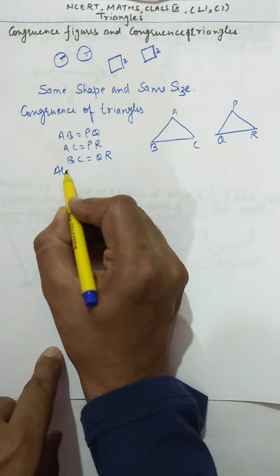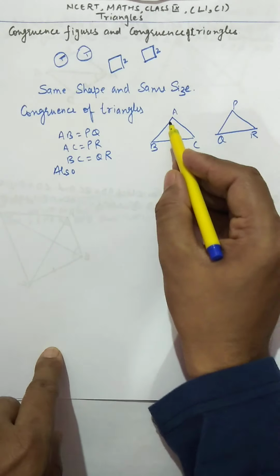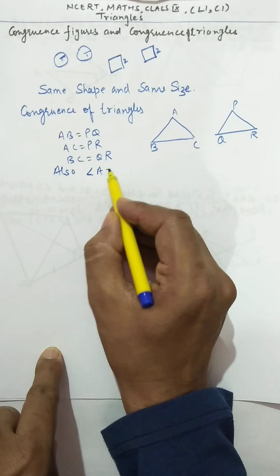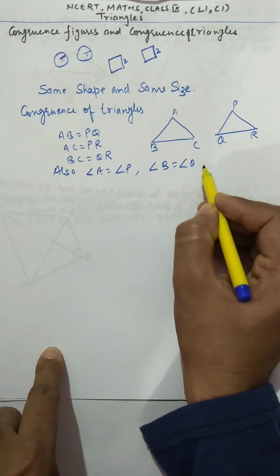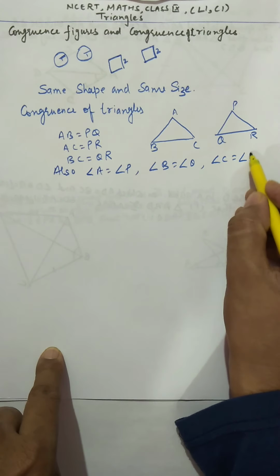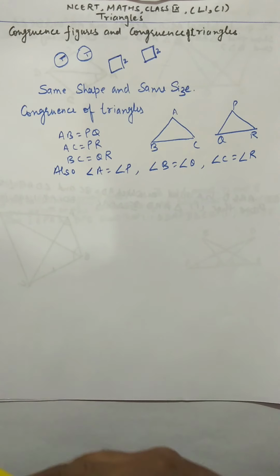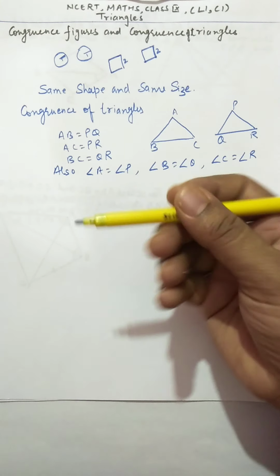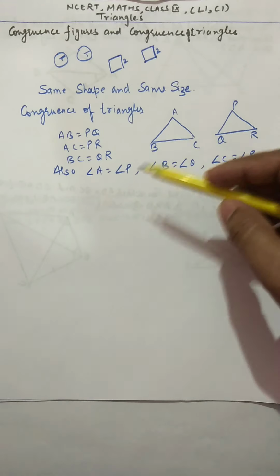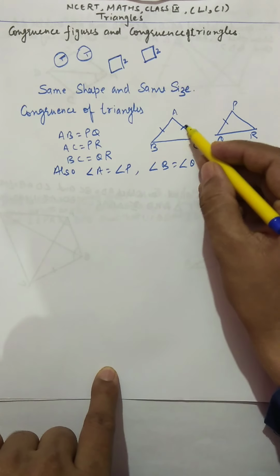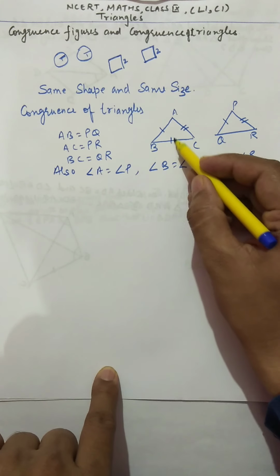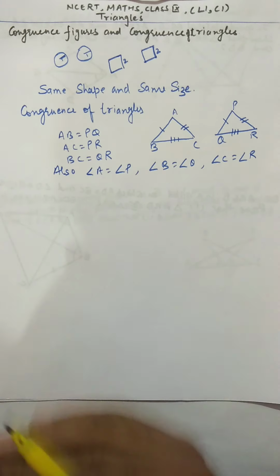Also the corresponding angles: angle A equals angle P, angle B equals angle Q, and angle C equals angle R. So if anyone says two triangles are congruent, you can simply conclude that their corresponding sides will also be equal, meaning this AB will be equal to this, and this side will be equal to this side.